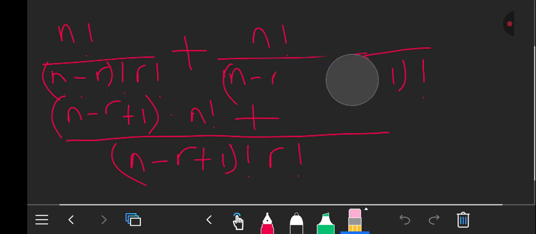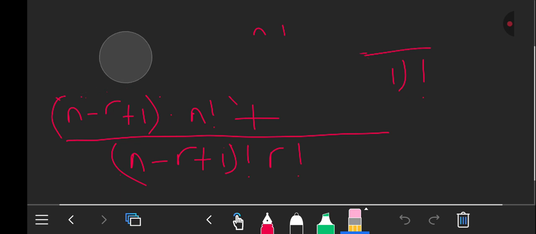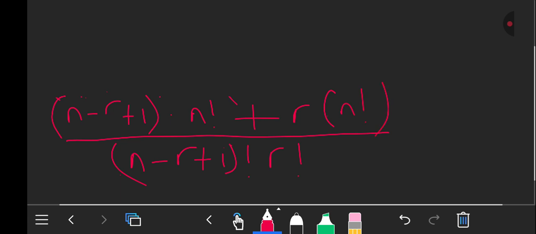So what are we going to have? Here we've said it is just r, but r was multiplying n factorial. So at this point, we can factor out n factorial.